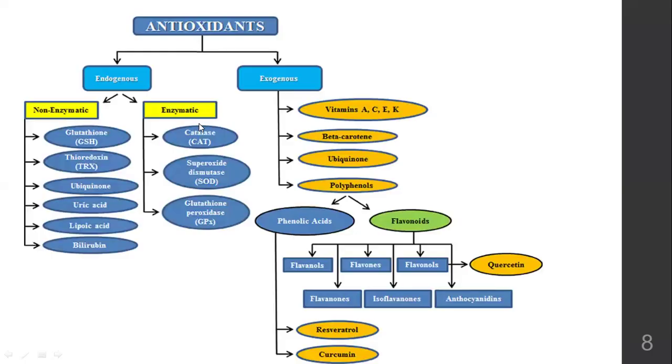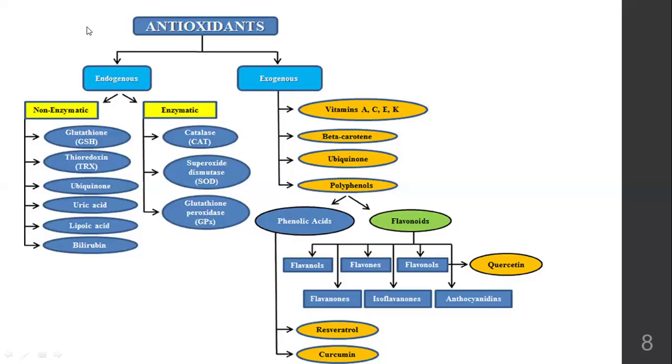Next is the antioxidant defense system. Again, you have two types, endogenous and exogenous. Just like free radicals, some are produced in your own body by itself because of various chemical reactions, and exogenous free radicals are because of the environment that you live in.